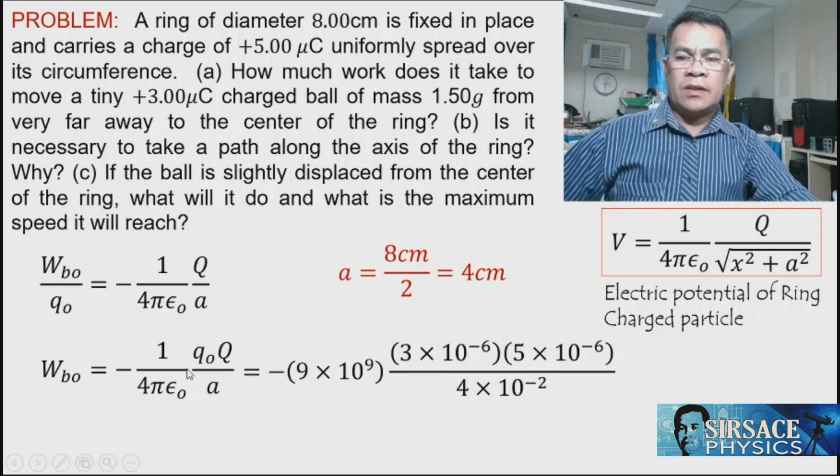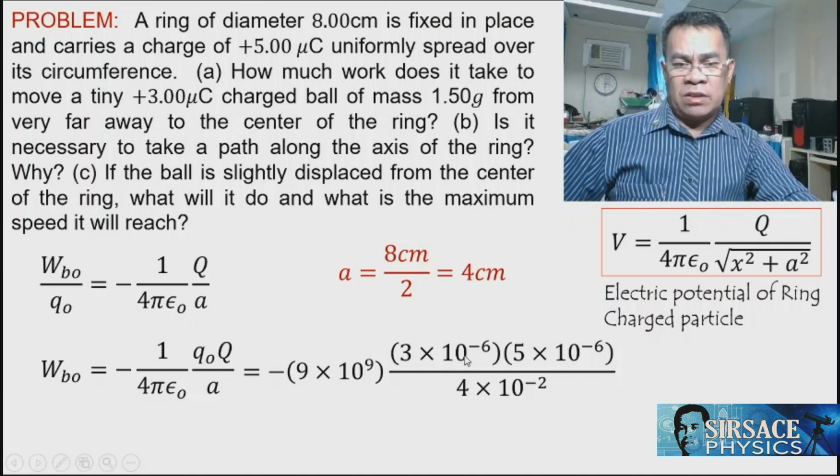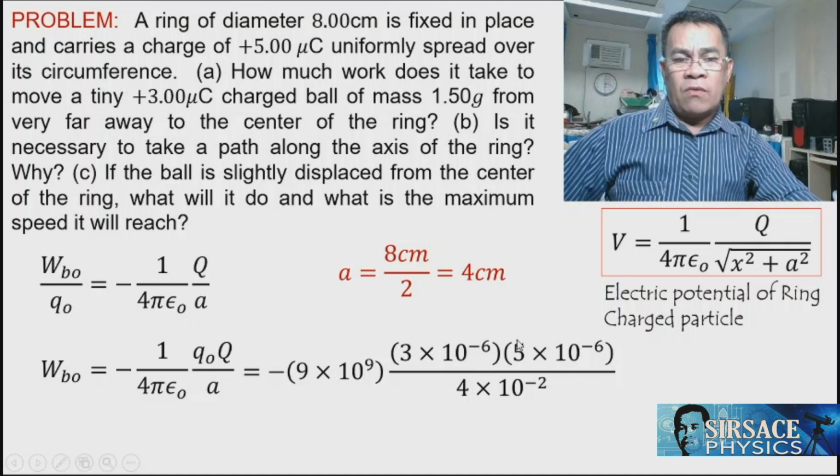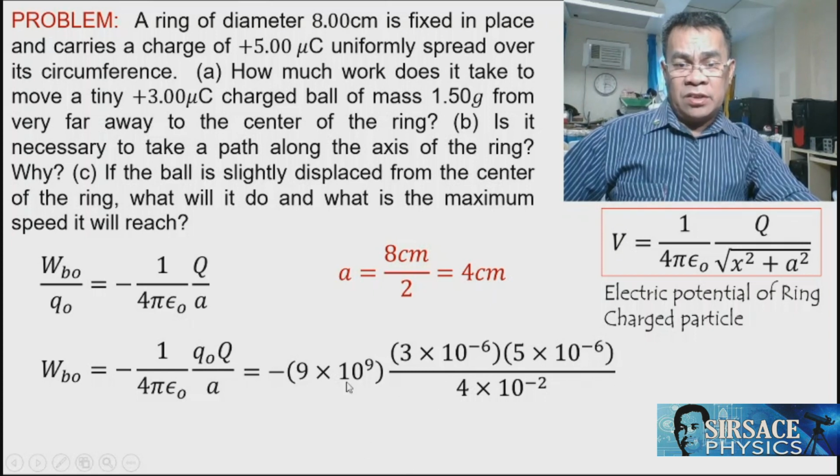The constant is again 9 times 10 raised to 9. Negative is this negative sign. This is the moving charge, 3 microcoulomb, multiplied by 10 raised to negative 6, while this one is the charge of the ring, 5 microcoulomb, multiplied by 10 raised to negative 6 for the micro, then divided by the radius.